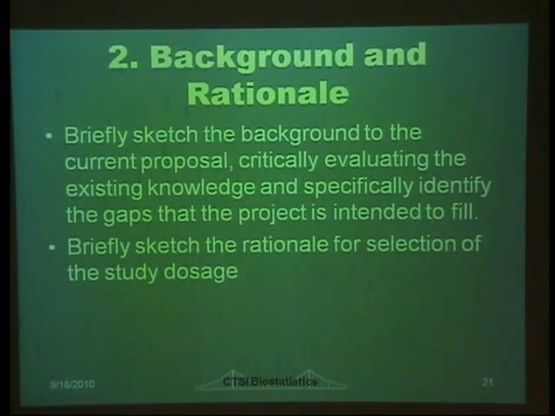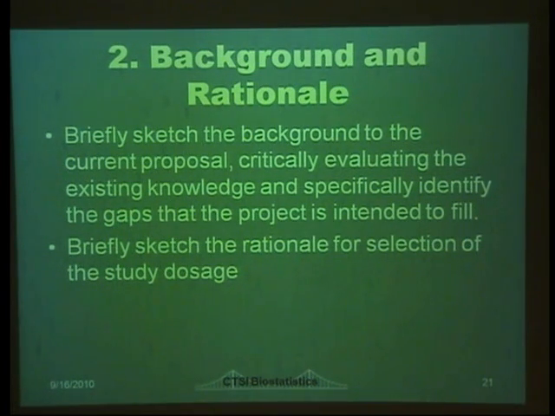And if this is a prospective study with some manipulation, either drug manipulation or surgical manipulation or exercise manipulation, we want to sketch the rationale for selecting that kind of intervention and the level at which that intervention is done.